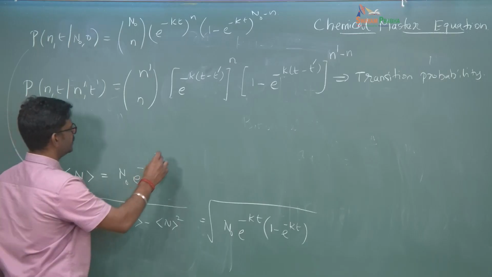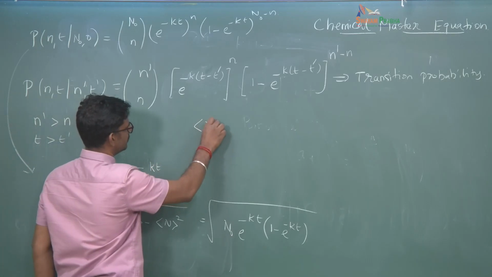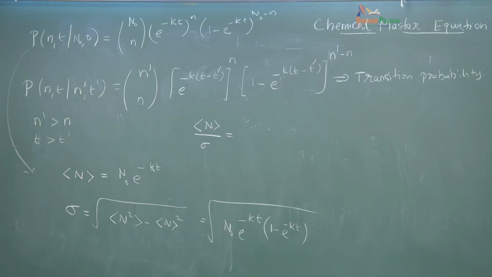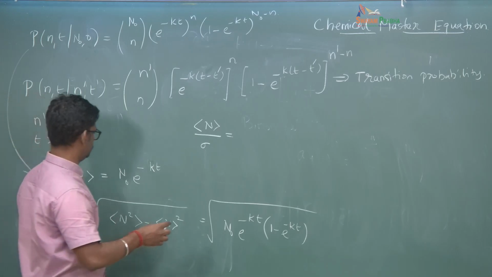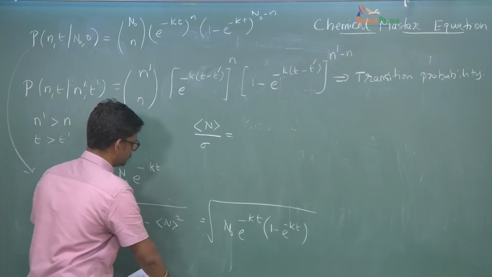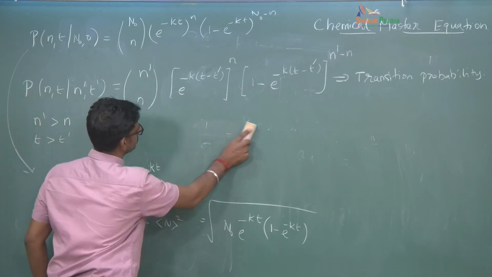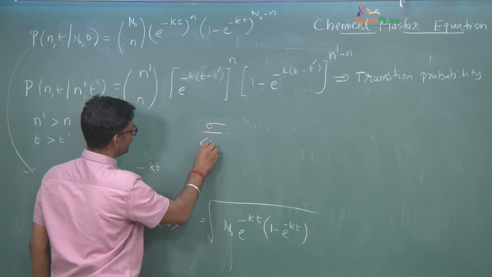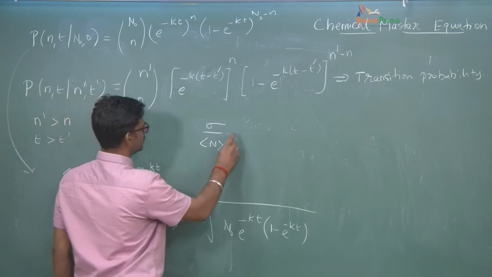And if you are interested in the coefficient of variation, which is mean divided by the standard deviation, we can find that. Sorry, the other way around. The coefficient of variation is defined as standard deviation by mean.